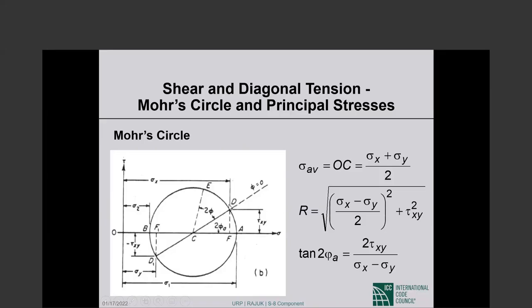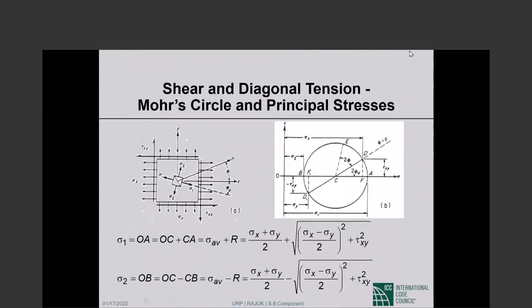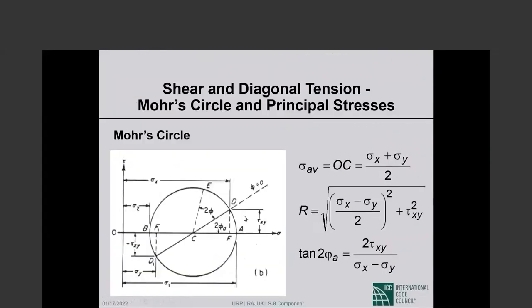The radius R is, so this distance CF is sigma x minus sigma y divided by 2, which is half of the distance FF1, and the vertical distance is tau xy.